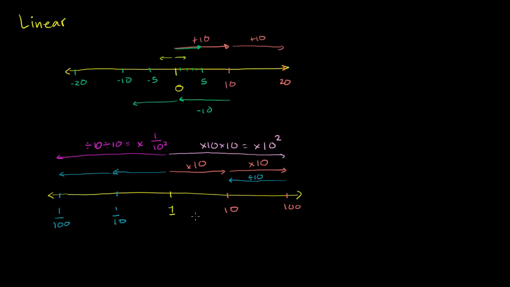So if you wanted to say, where would 2 sit on this number line? Well, actually, a better place to start might be, where does 100 sit on that number line? If I hadn't already plotted it, I would say, how many times do I have to multiply 10 by itself to get 100, and that's how many times I need to move this distance.